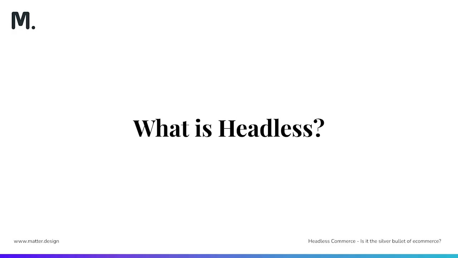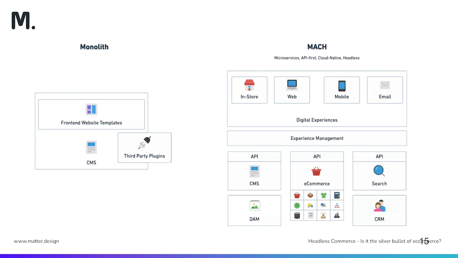But let's start with what is headless. It's a term that gets used a lot in e-commerce and website technology in general. What we talk about when we talk about headless is what we'd call a composable headless architecture.